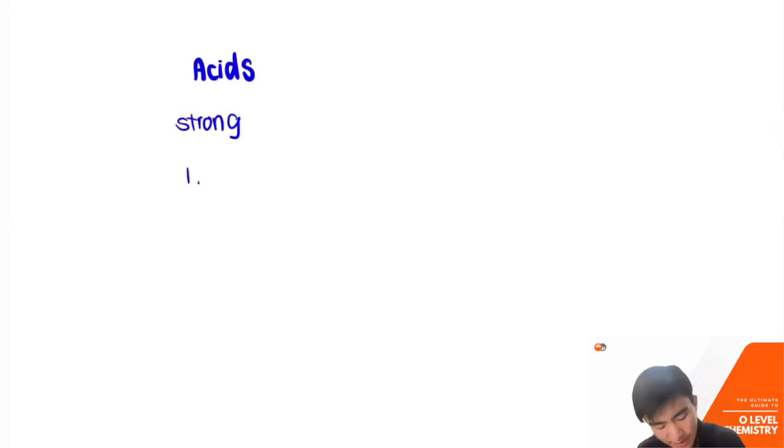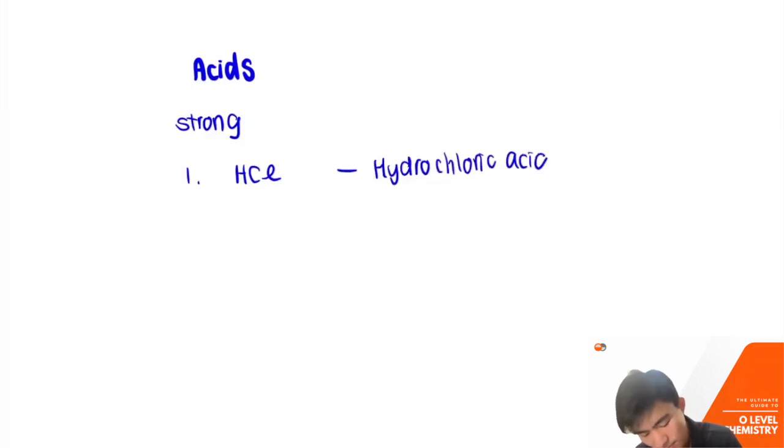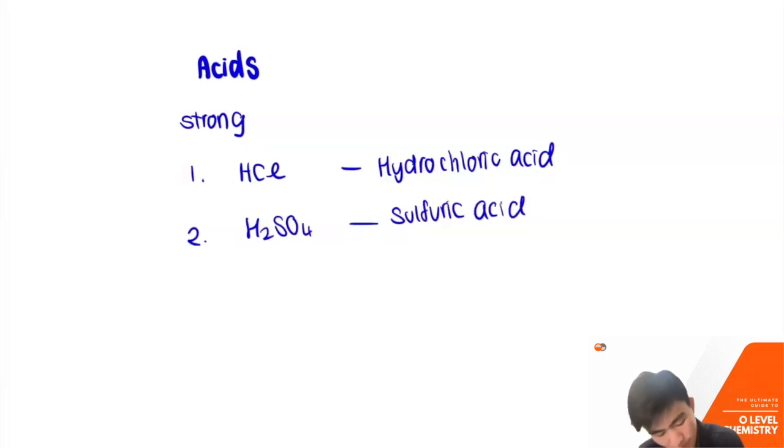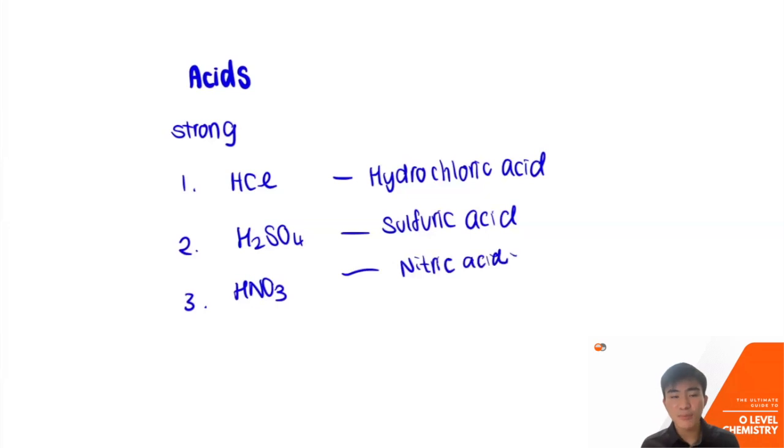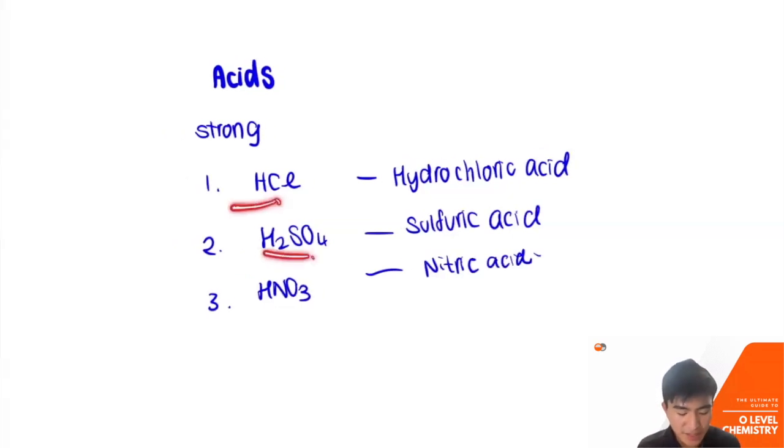Strong acid number 1, HCl, hydrochloric acid. 2, H2SO4, sulfuric acid. 3, HNO3, nitric acid. Most importantly, you just need to remember these 3.